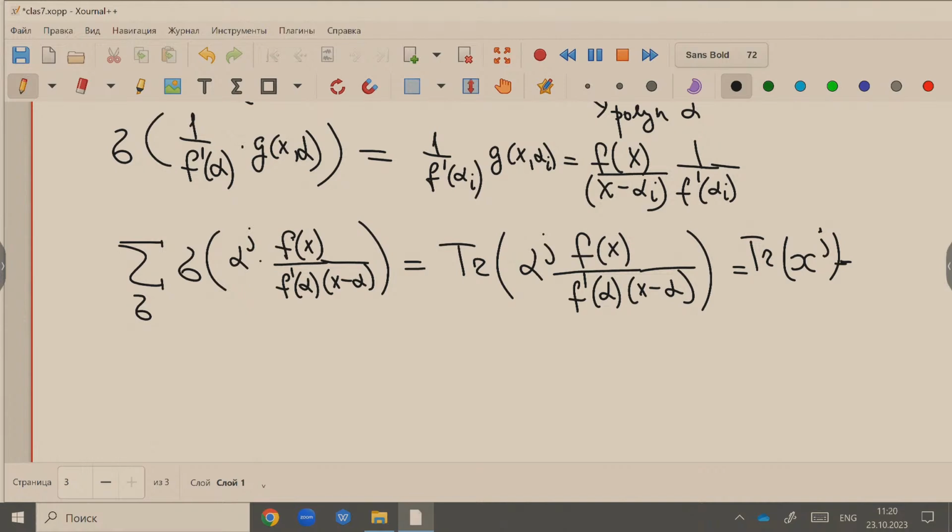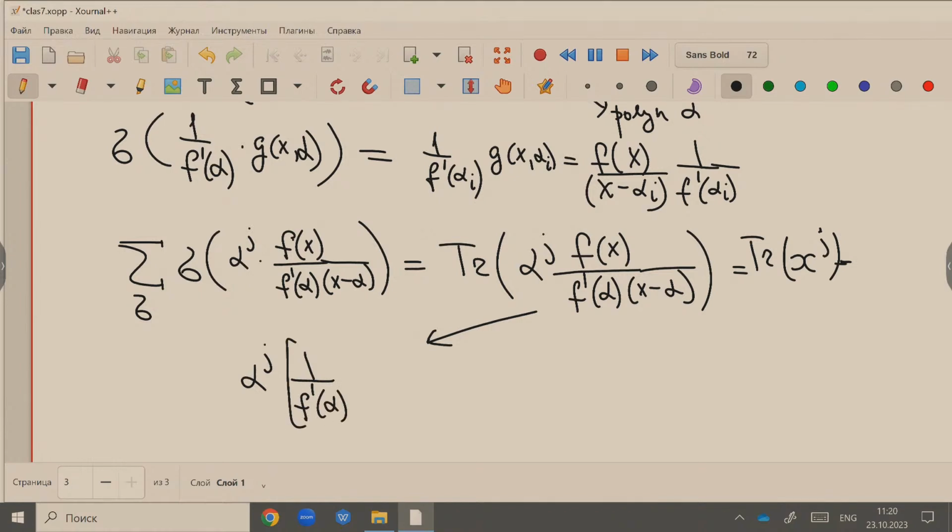If I have a polynomial, I can take the trace only of the coefficients. When we calculated the trace on the left-hand side, we thought of these polynomials as polynomials with some coefficients and applied the trace coefficient-wise. If you look at this bracket, it is just alpha j multiplied by 1 over f prime of alpha.